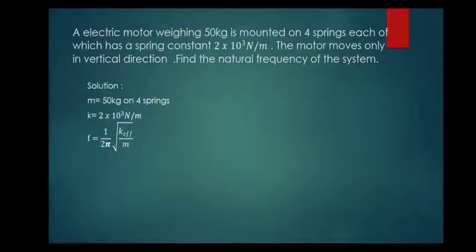Each spring has a spring constant of 2 into 10 to the power 3 Newton per meter. Such 4 springs are there. So the effective force constant will be equal to 4 into 2 into 10 to the power 3, divided by 50, will give you a frequency of 2 Hertz.